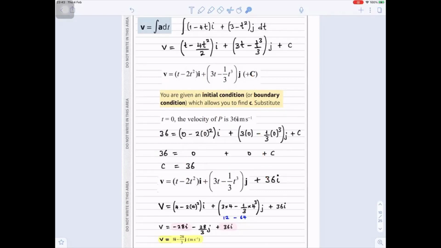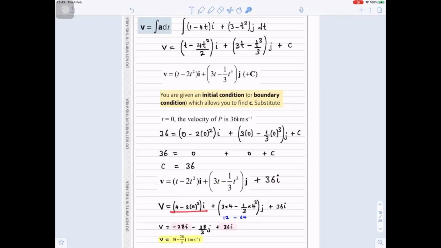Now we want to substitute t equals 4. So we will put 4 minus 2 times 4 squared plus 3 times 4 minus 1 over 3 times 4 cubed, plus 36i.